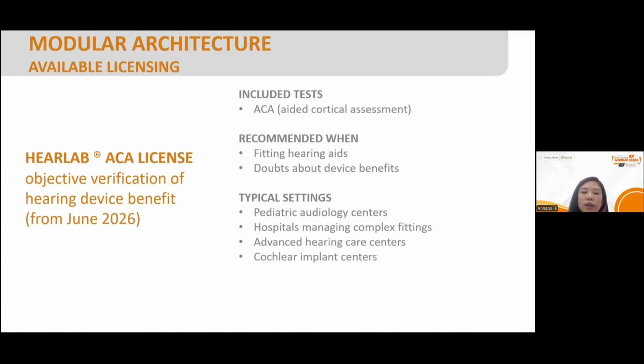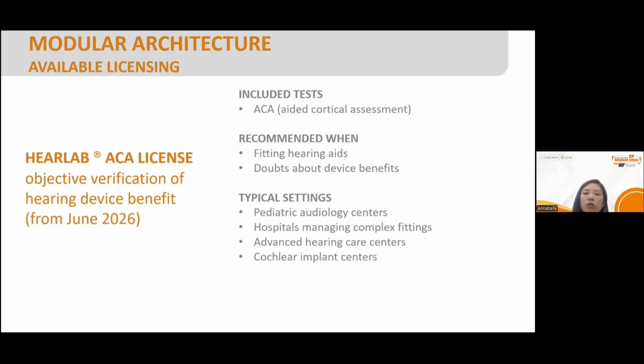So the typical setting will be the pediatric audiology centers, the hospitals managing complex fittings, and some advanced hearing centers and cochlear implant centers. Okay. And the difference is that for the previous licenses, like ABR, ASSR, and AEP, and most of these assessments, we use tonal or synthetic signals.